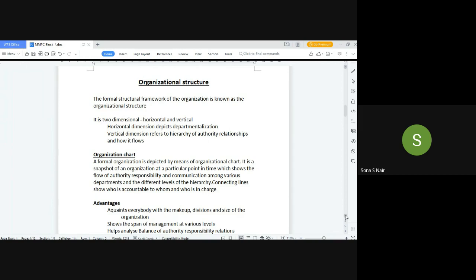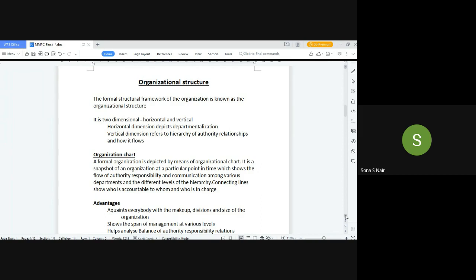It is two dimensional, horizontal and vertical both. It looks like a chart, like the one we saw for Nestle just now. The horizontal dimension depicts the various departments which exist, and the vertical dimension refers to the hierarchy of authority relationships and how it flows.